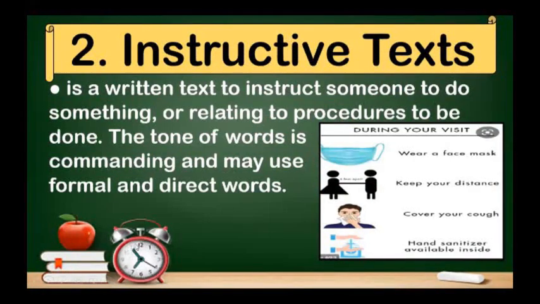The next type of text is instructive text. This is a written text to instruct someone to do something or relating to procedures to be done. The tone of words is commanding and may use formal and direct words. So here are examples of instructive text. As I have told you, a text is not just the written ones.